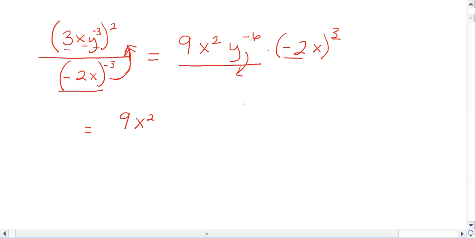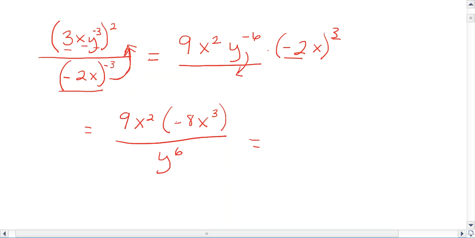Positive 4 times negative 2 is negative 8. And then x to the 3rd power is just x to the 3rd. The only thing I have down here in the denominator is that y to the 6th. When I flip that down, notice that the negative 6 exponent became a positive 6 exponent.